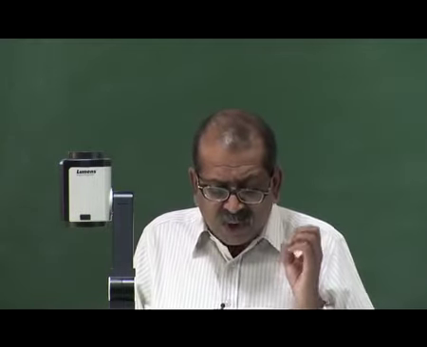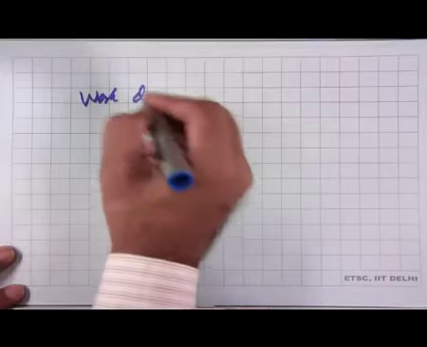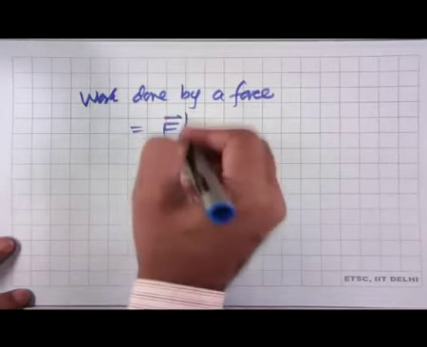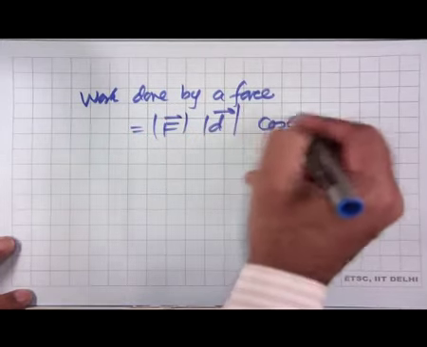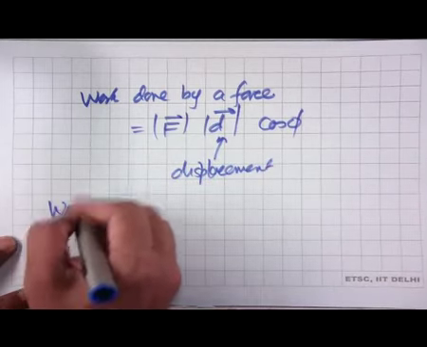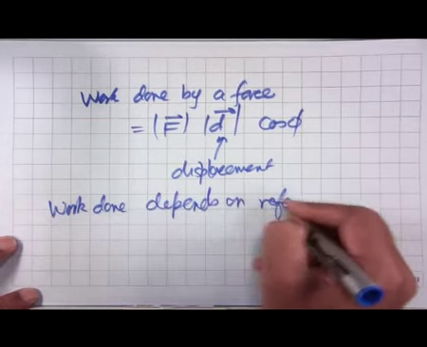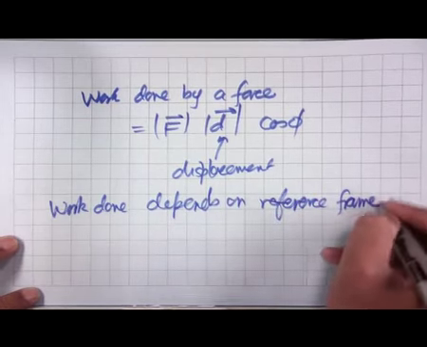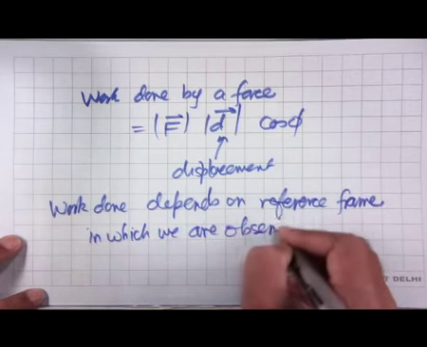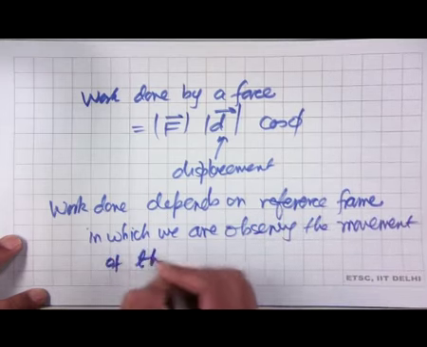You will realize one thing, because we are talking of displacement, work done by a force is equal to F times d times cosine phi, and because the displacement comes into the picture, the work done depends on the reference frame in which we are observing the movement of the particle.